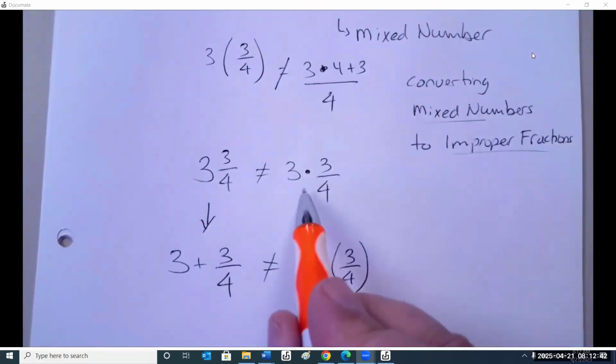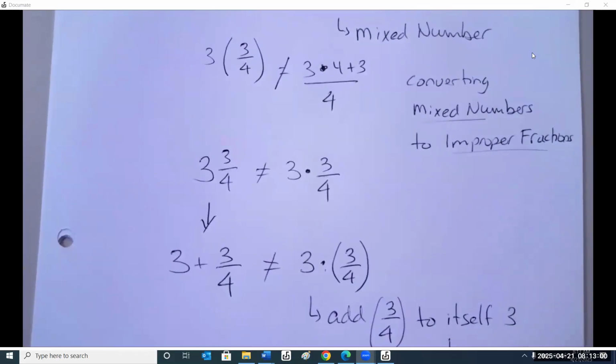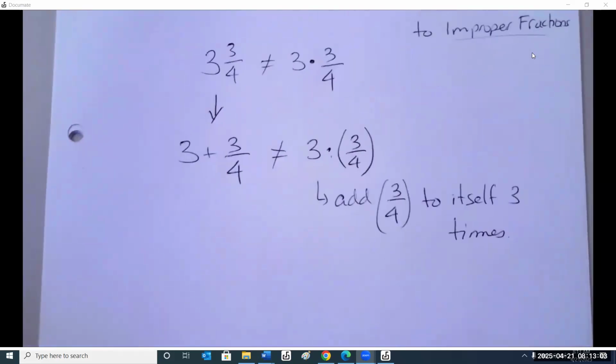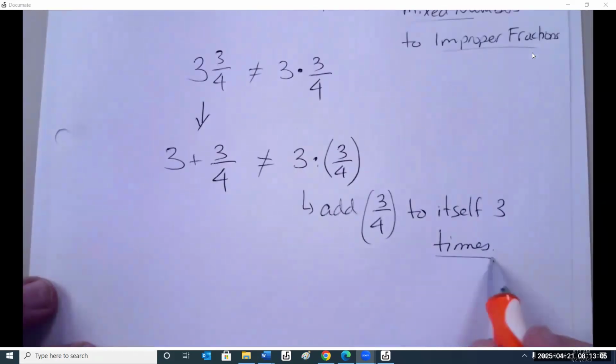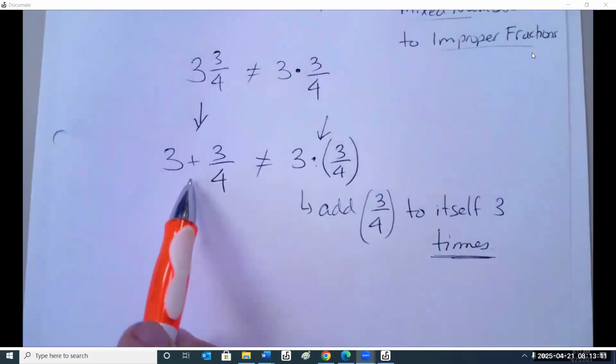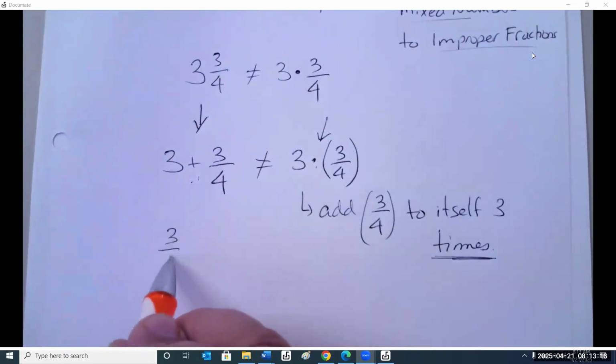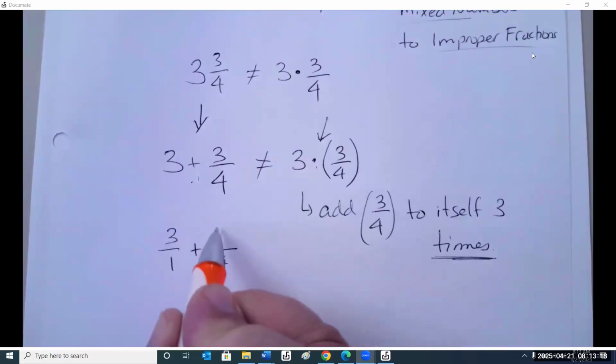Because what this one says, it's multiplying. This one says add the number to itself 3 times. Which is where the word times now comes in. This is a times. This is a plus. In order to do plus, we need to have common denominators.